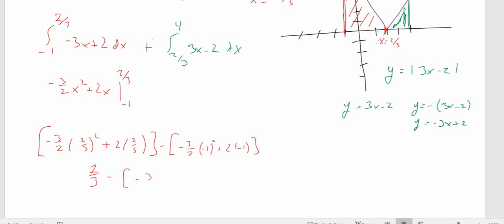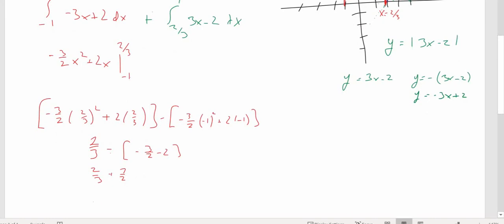Well, -3/2 minus 2. That'd be -7/2. That part will be -17/6.